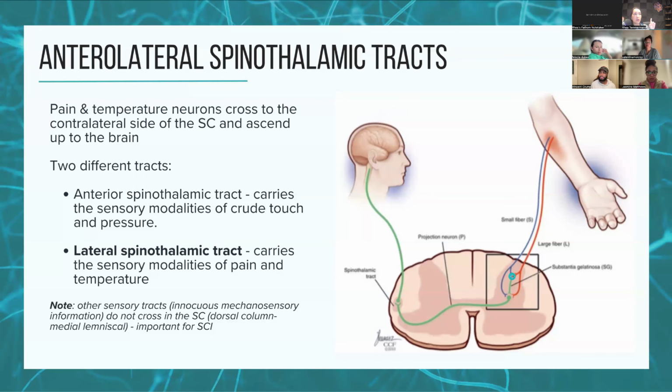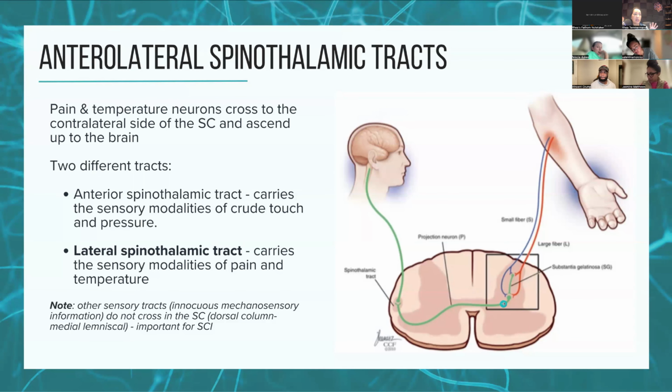But for pain and temperature neurons, they actually cross over to the contralateral side. So if they enter from the left side, they're going to cross over this midline here and go up the right side. Other neurons that carry other types of signaling cross over higher up or in the thalamus.